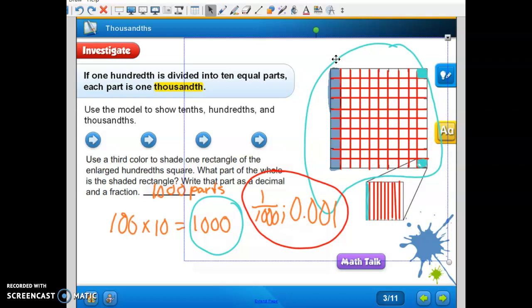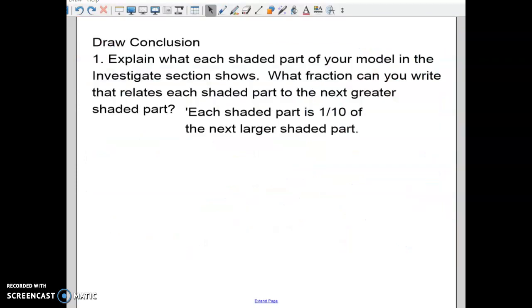And we said that this blue shaded part was what? 1/10. Then we divided across and we said that this little light blue part was 1/100. Then we came down here and we divided that 1/100 by 10 and we said that was what? 1/1,000. Okay.